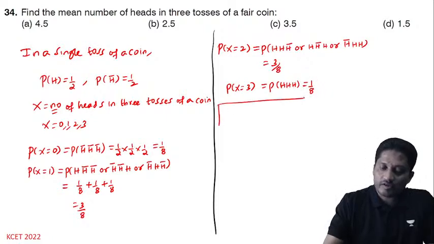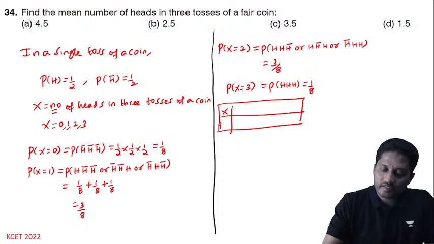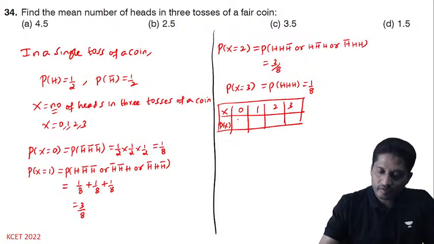Now I'll draw the distribution table. This will be X and this is P of X. 0, 1, 2 and 3. Probability of 0 will be equal to 1 by 8. This is 3 by 8. Even this is 3 by 8 and 1 by 8.